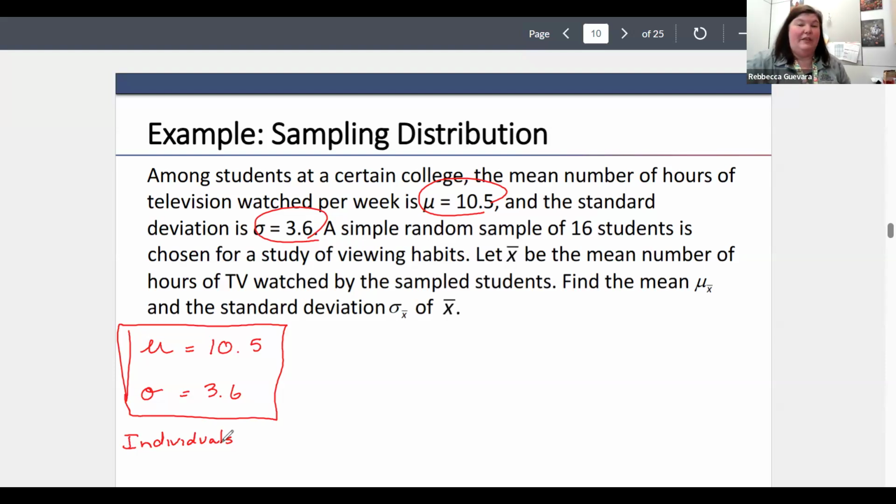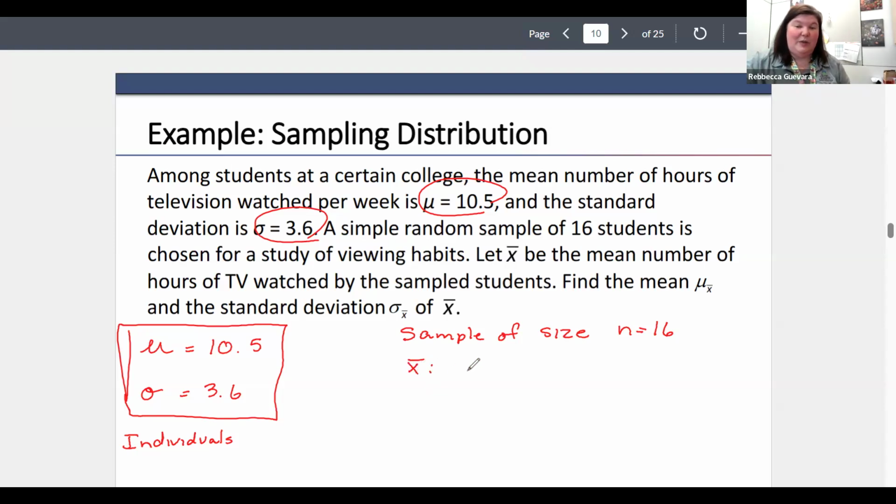A simple random sample of 16 students is chosen for their viewing habits. So n is 16. We let x bar be the mean number of hours watched by the sampled students, and we want to find mu sub x bar and sigma sub x bar.